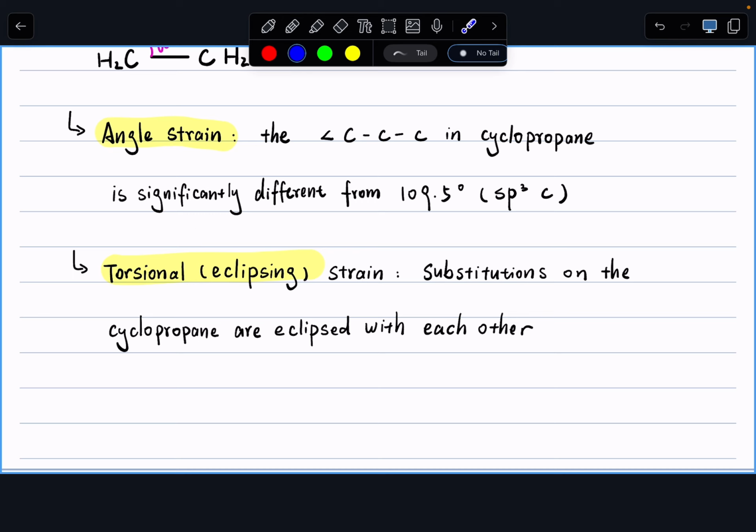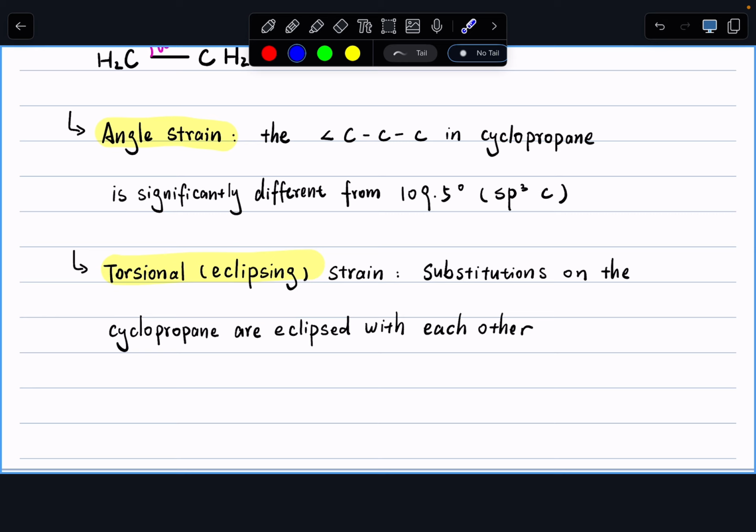Or the other way to put it: if I don't have hydrogen, and I have a methyl group on my cyclopropane, then my methyl group must be eclipsing with the other substituent on the neighboring carbon. So in cyclopropane, we're expecting a lot of strain in that molecule.